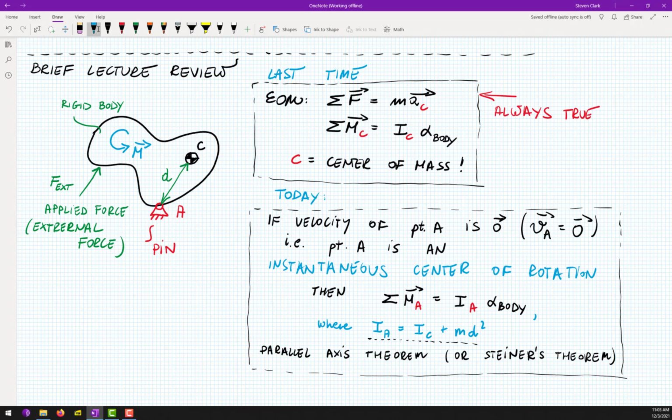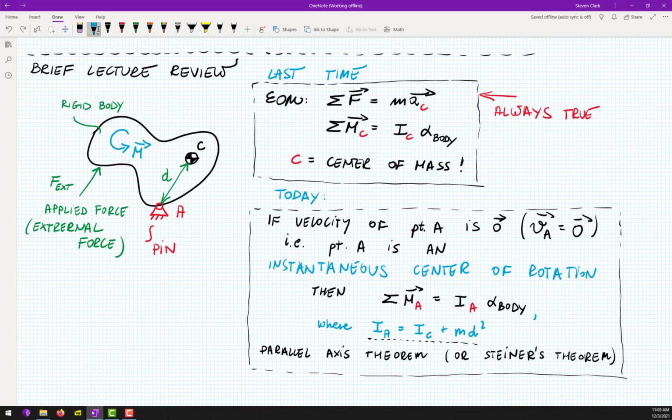Then also, we can always sum all the forces and the moments about point C, and this will equal IC alpha body. So this is always true. We can always write these two equations for the center of mass.